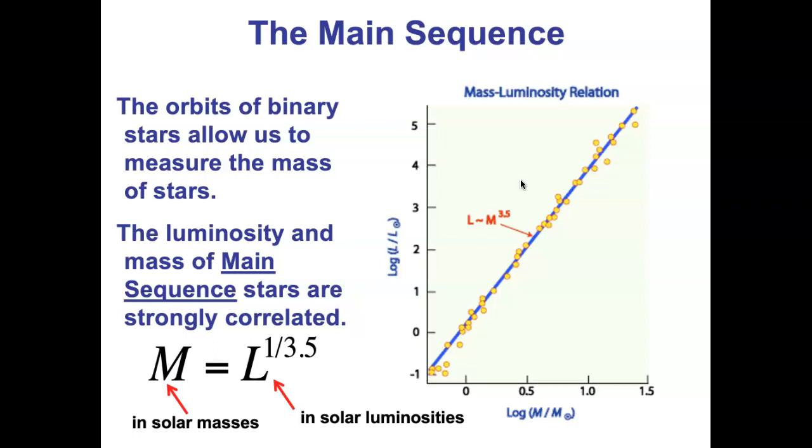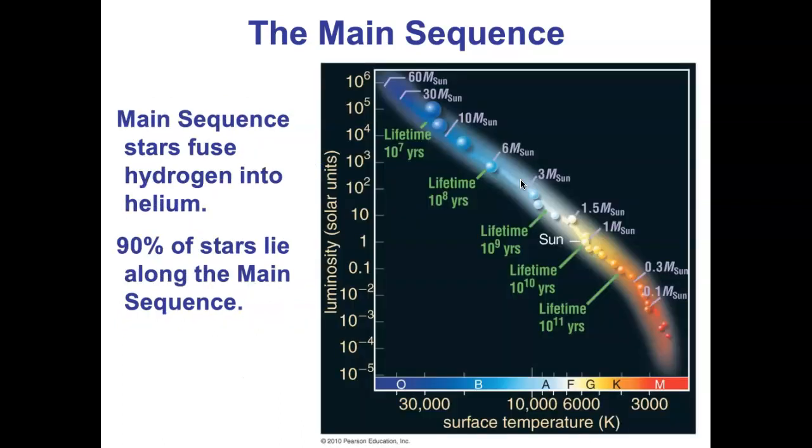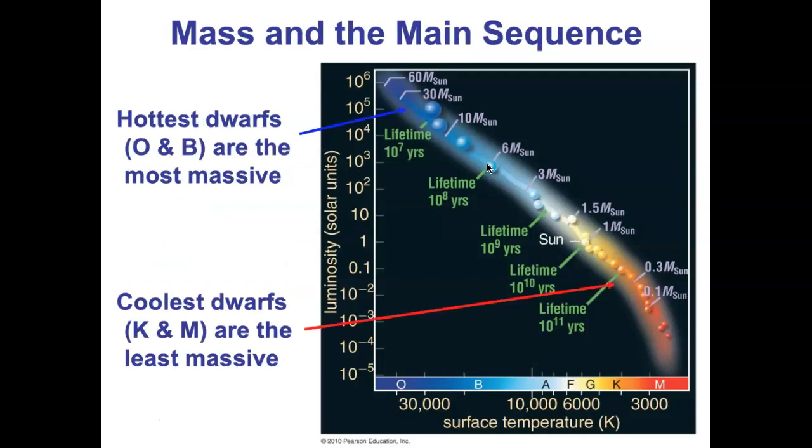But take this with a grain of salt. This relationship only works for main sequence stars. Okay? But if you measure the luminosity and the temperature, and that lies along this line, that's a main sequence star. If you know that's a main sequence star, you can use that equation to figure out what the mass is.